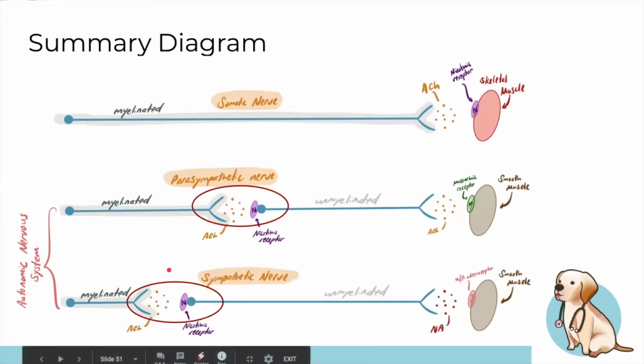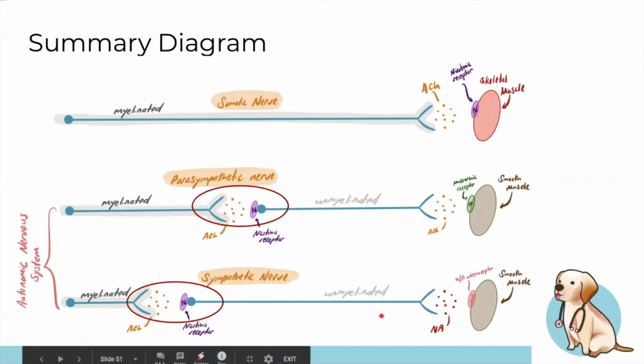Another thing that you can know, not too important, is that this is longer than this, and it's something of interest. An example might be if you have really sweaty palms, that might be due to your sympathetic nervous system acting too much. So they can choose to cut this particular neuron, and the reason is that the myelinated neuron is shorter, meaning this neuron is going to be longer.